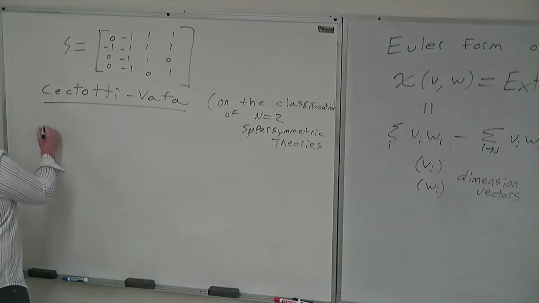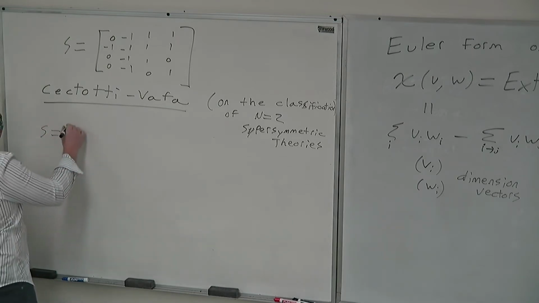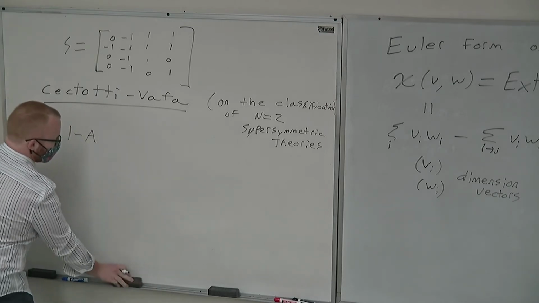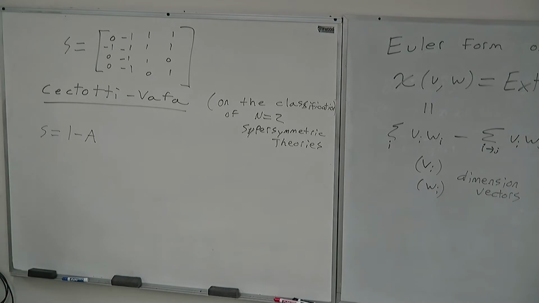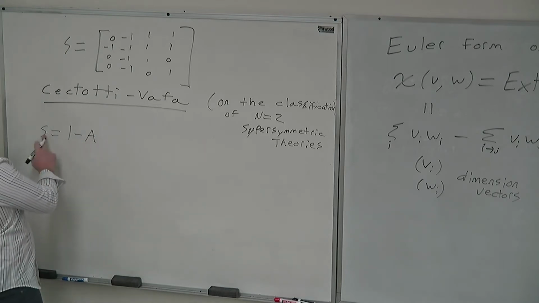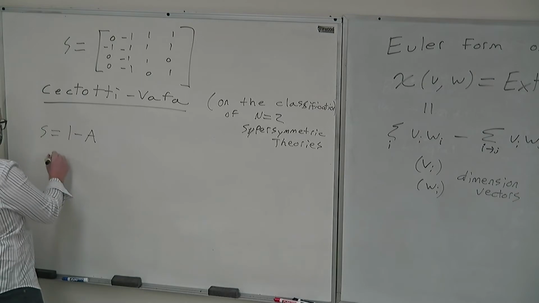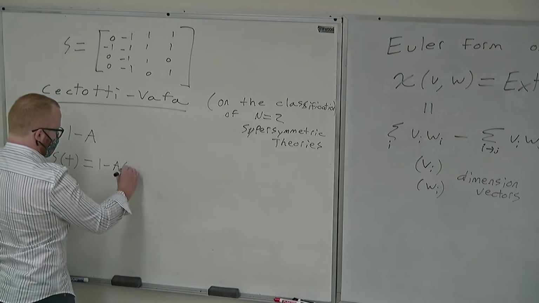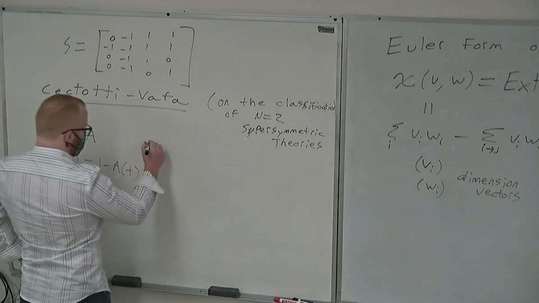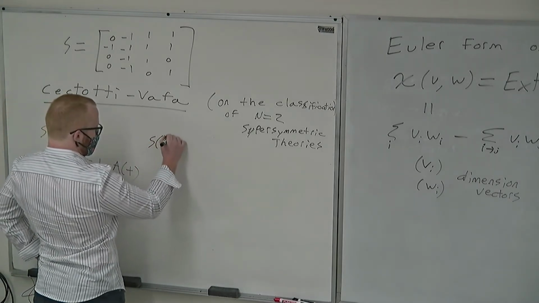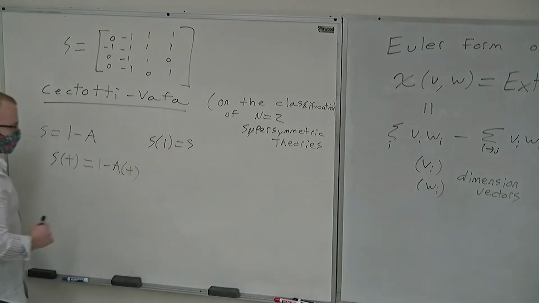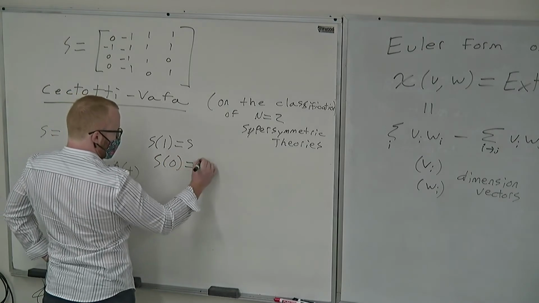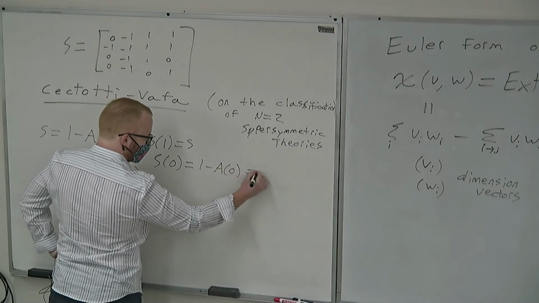They take S and write it as 1 minus A. Then they find a parameter: let's parameterize S of t equals 1 minus A of t, such that S of 1 is equal to S, and S of 0 is equal to 1 minus A of 0, which is just equal to 1.